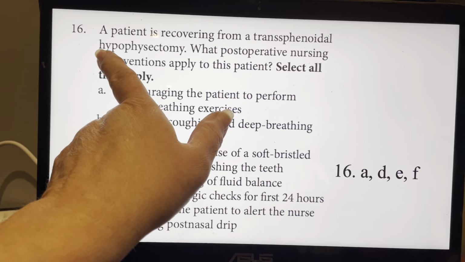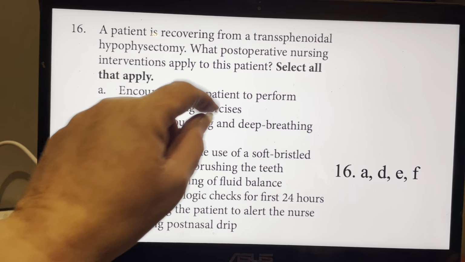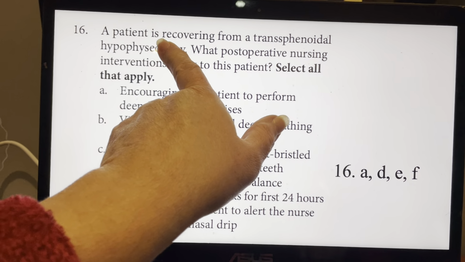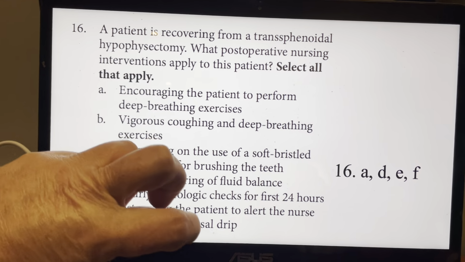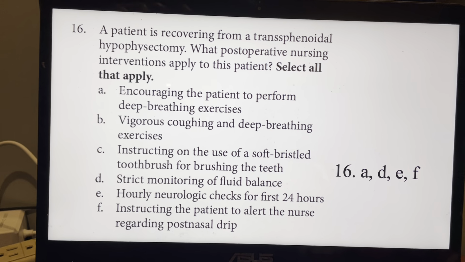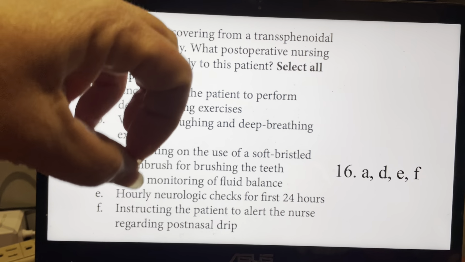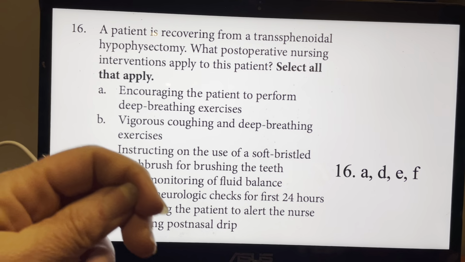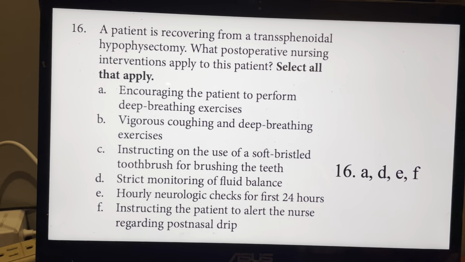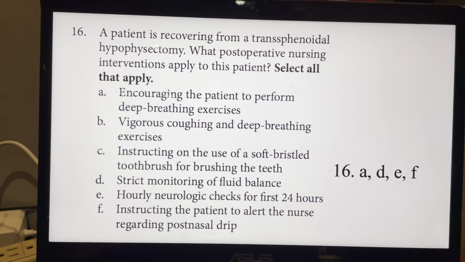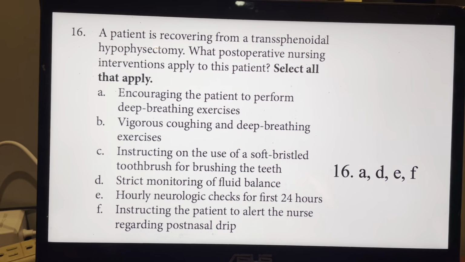They'll have the adenohypophysis, which is the anterior pituitary, and the neurohypophysis, which is the posterior pituitary, because the posterior pituitary gets its stimulation from a nerve impulse, but the anterior pituitary gets its stimulation from releasing hormones that come from the hypothalamus down the infundibulum. I like that word.